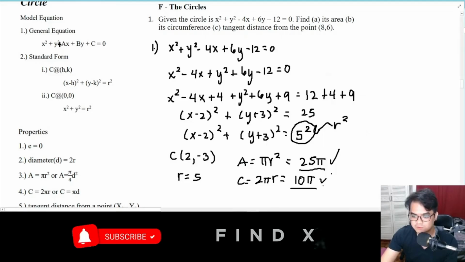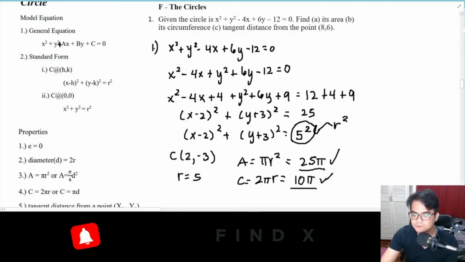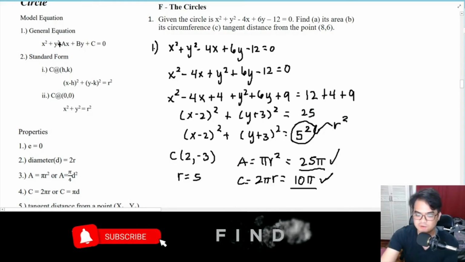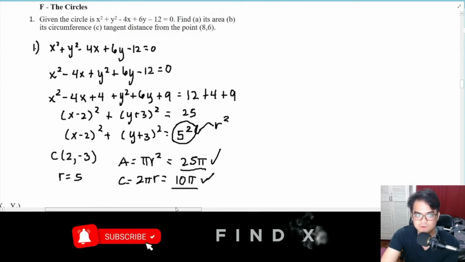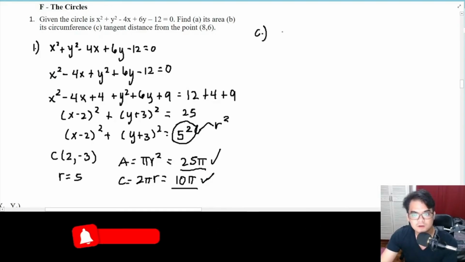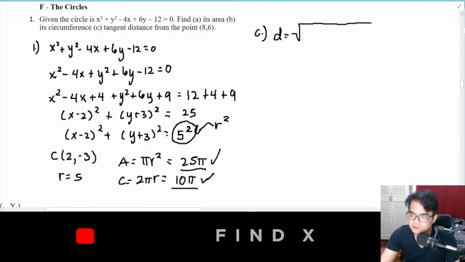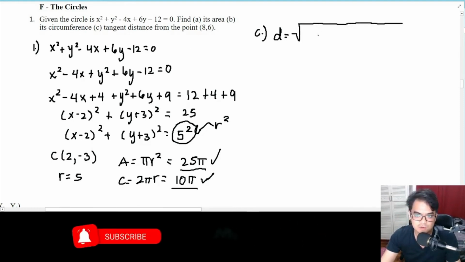Next, we are asked to find the tangent distance from the point (8, 6). For letter C, we have an equation like this, right? To get d, just get the square root of that and substitute the values 8 and 6, replacing x and y.